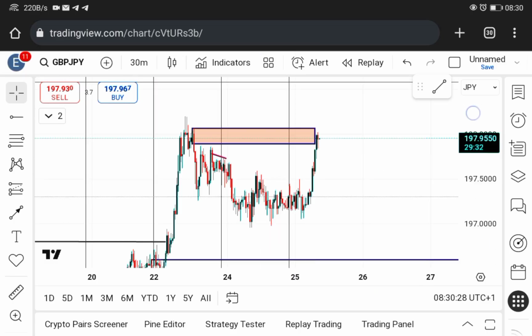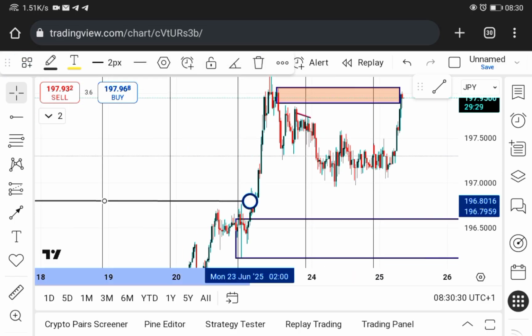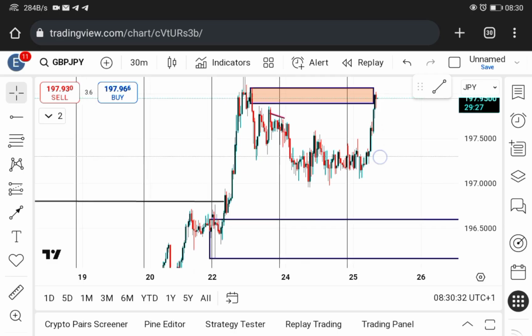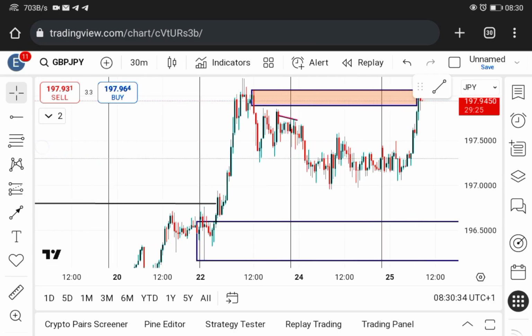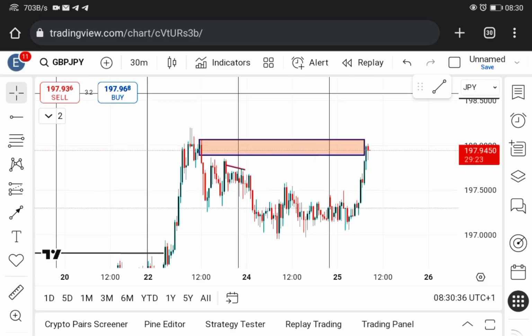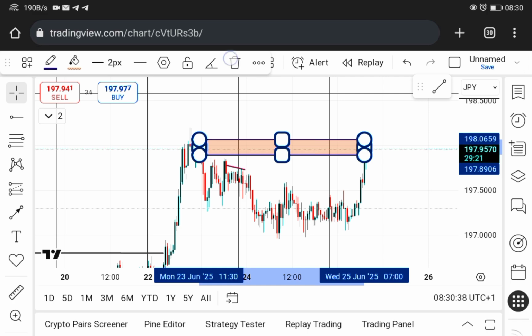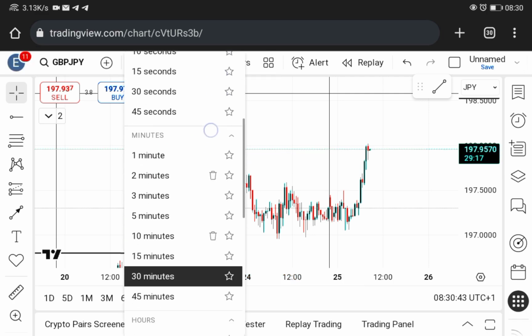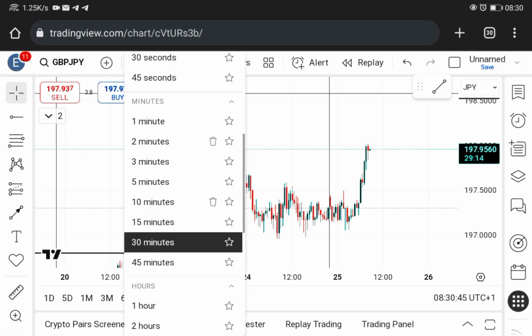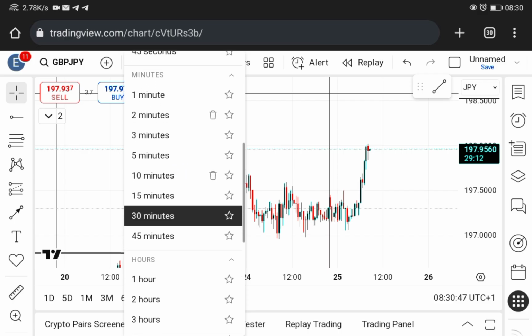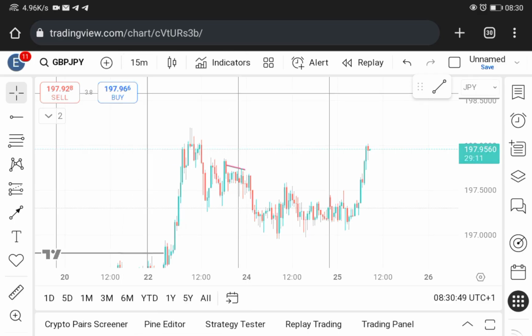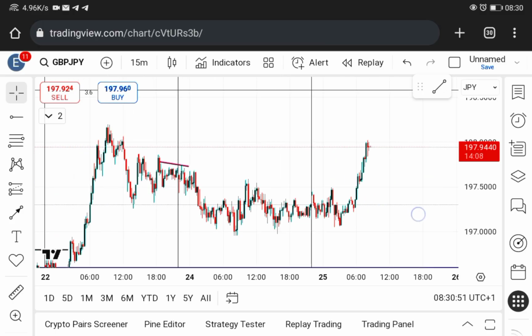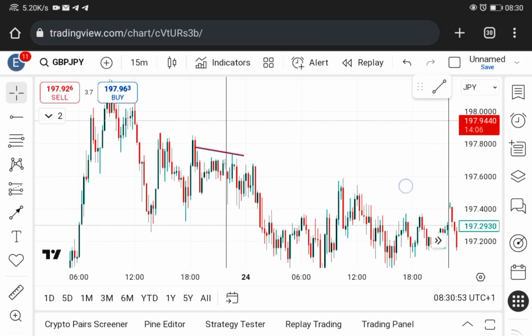This is what happened. I saw that this market broke structure to the upside. I was expecting it to retest for me to buy, but that didn't happen, so I was patiently waiting. I have to go to my M5 and M15. This very entry was taken using a simple trend line.